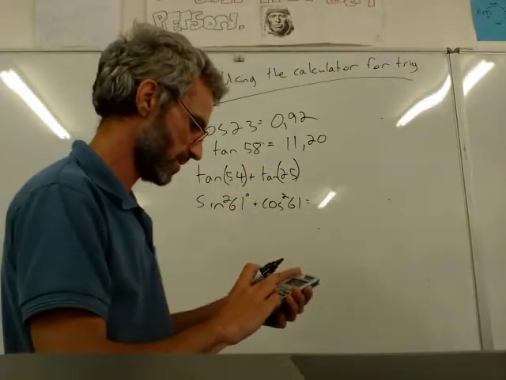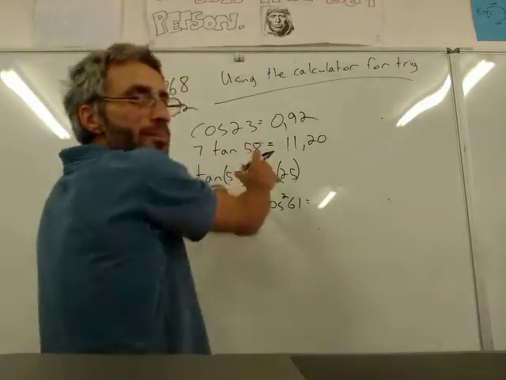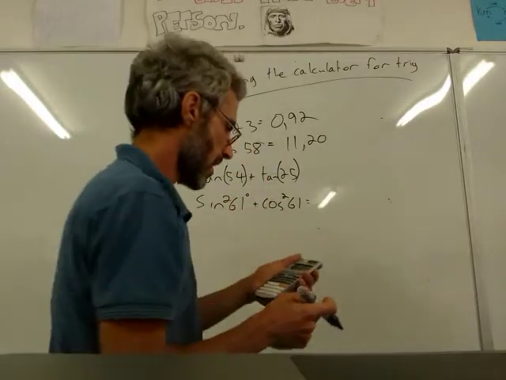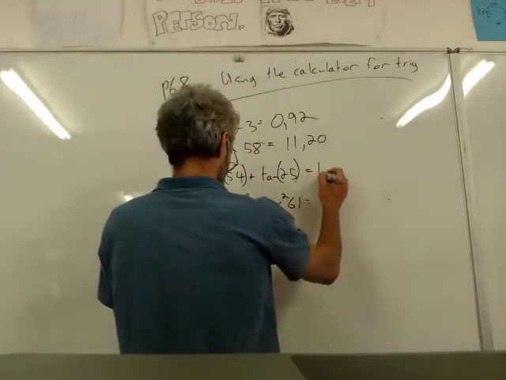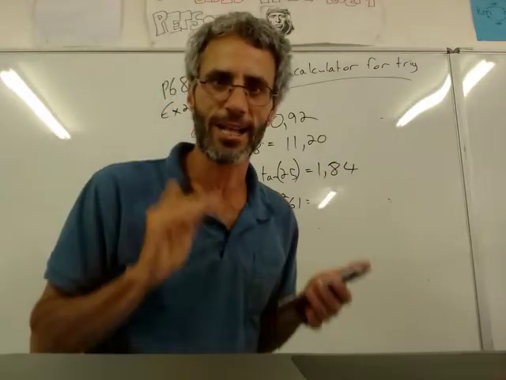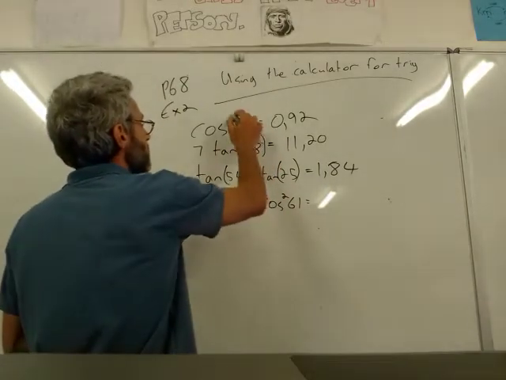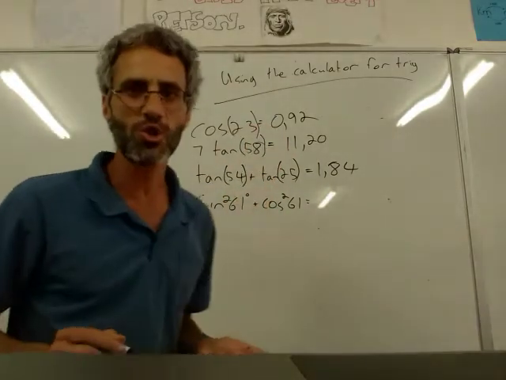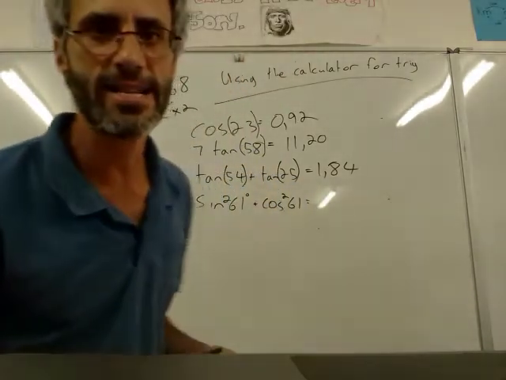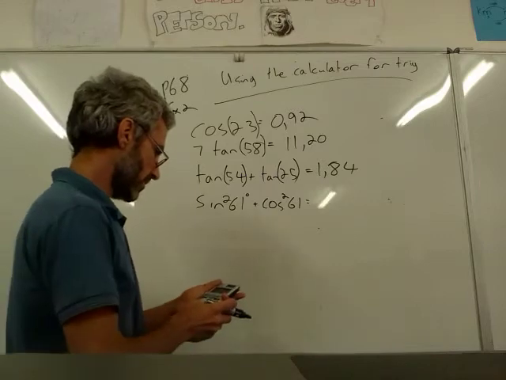So plus tan 25, close the brackets. That's how it appears on your calculator, and you get 1.84. Just to make sure you understand, on the calculator, at least on my calculator, it has these brackets. You don't need to do that on paper, but on the calculator, you must have these brackets. Right, moving on.